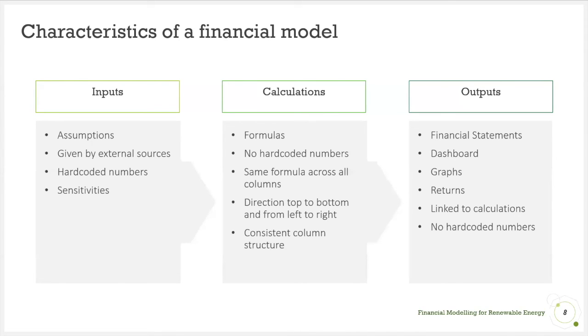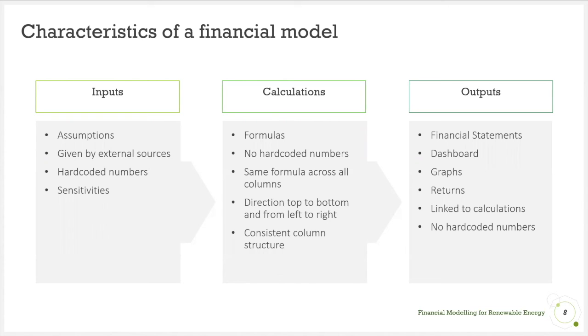And then the third part of the model will be the outputs, which is the most important part because it's the result of all the work in the model, and it's where you will base your investment decision. So the outputs will be the financial statements.